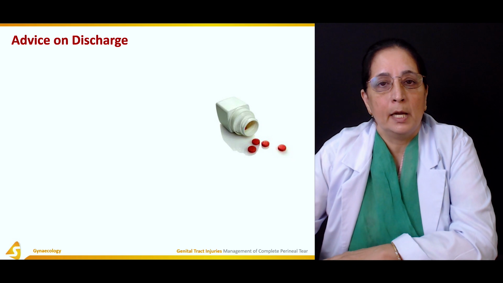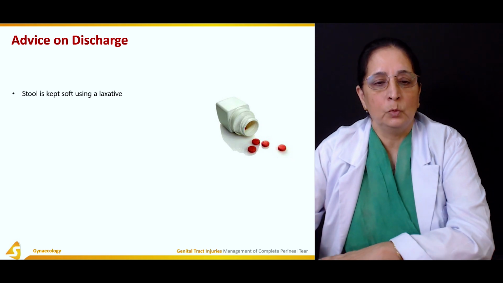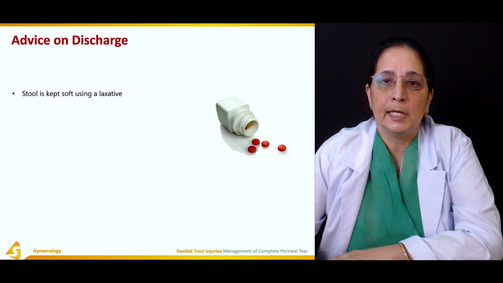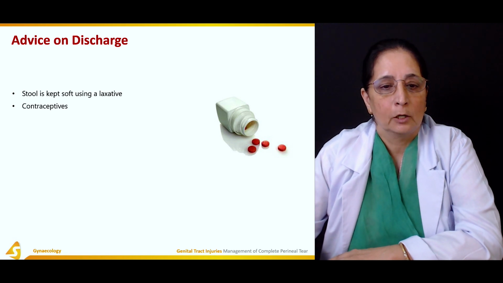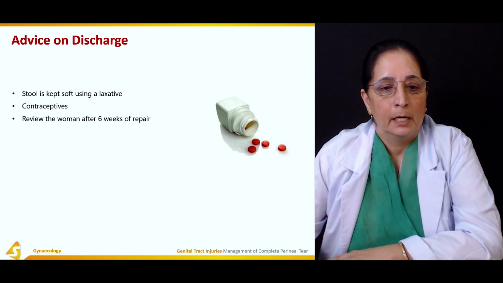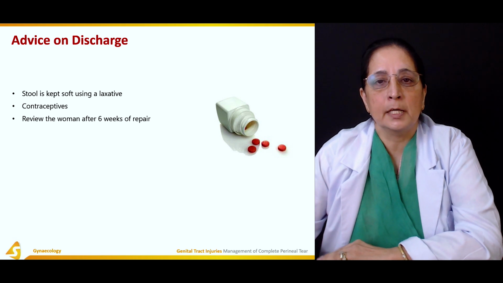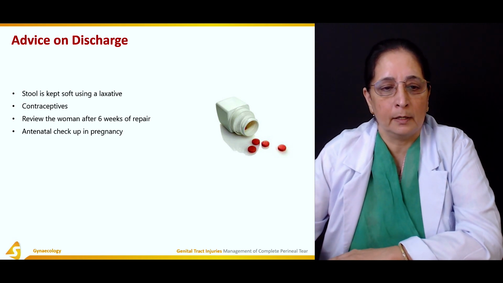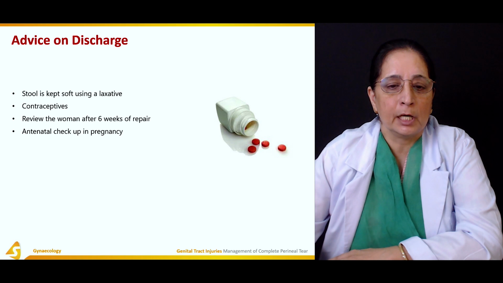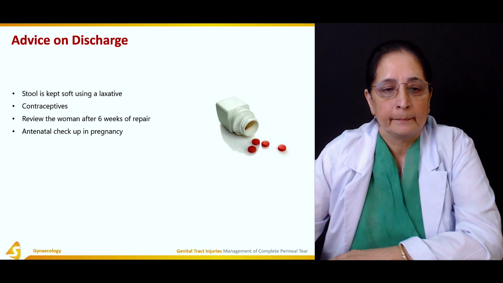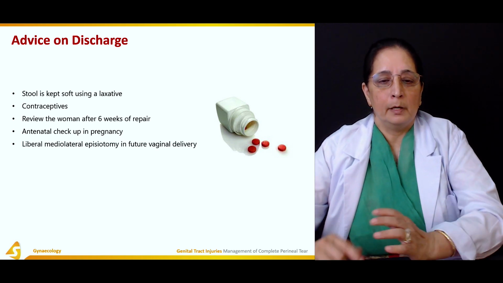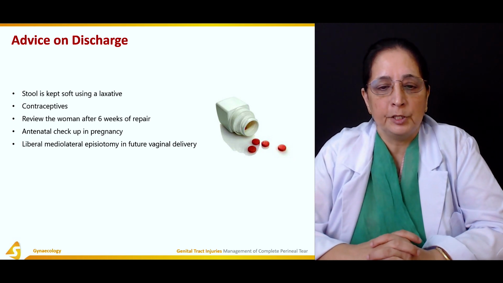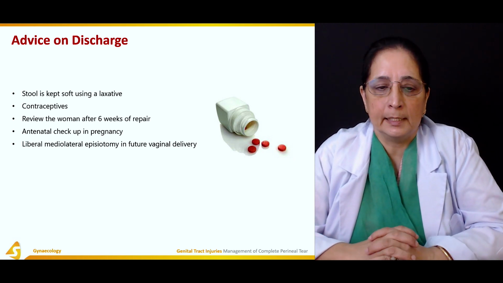Next, the advice on discharge. Stool is kept soft using a laxative, and contraceptives. Review the woman after 6 weeks of repair, with antenatal checkup in pregnancy, and liberal mediolateral episiotomy in future vaginal delivery.